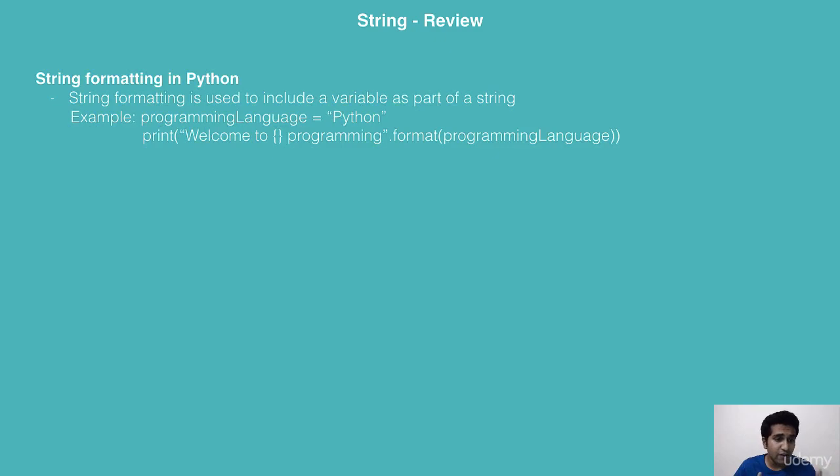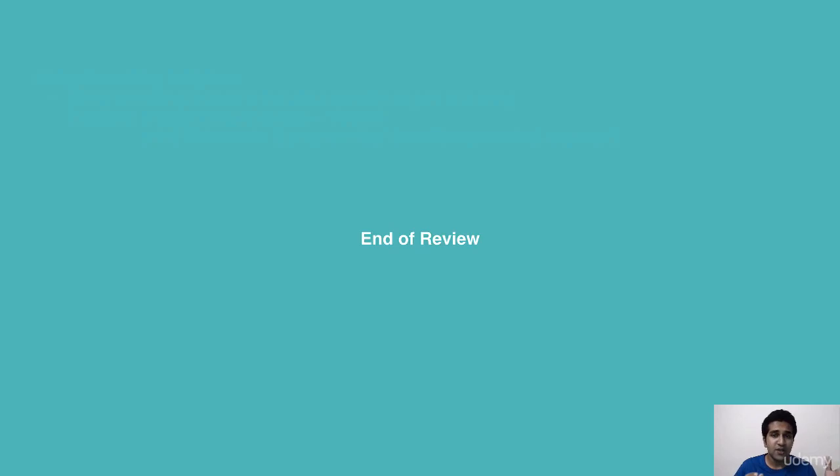In our print statement, we are placing a placeholder for the programming language, and in the dot format, we are passing the variable name programming language. So the final output of this string would be "welcome to Python programming." The curly braces will be replaced by the variable name programming language, which in turn would be replaced with its value Python. So that's the end of the review on this section of strings.